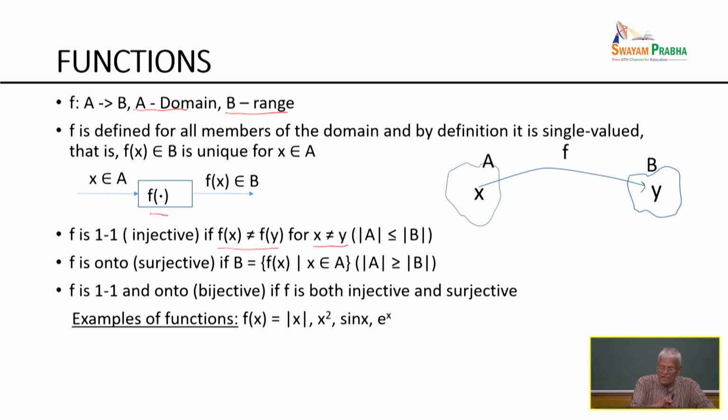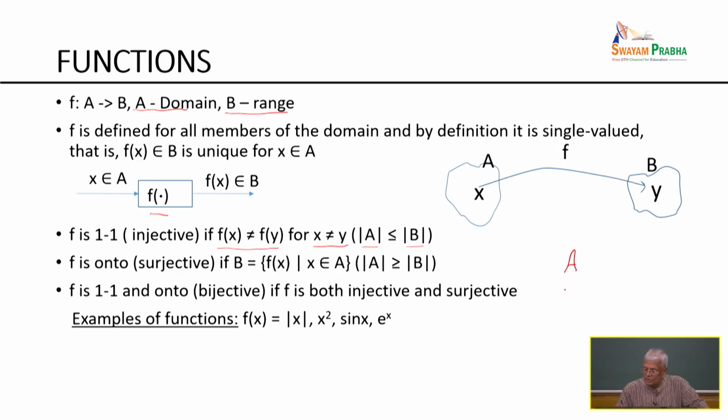For this to be defined this way, the number of members of A must be less than or equal to the number of members of B. And that makes sense. Why? If A has n members, and if each of the x is going to be associated with a y, and two distinct x's have to be mapped to two distinct y's, B must have at least as many points as A.